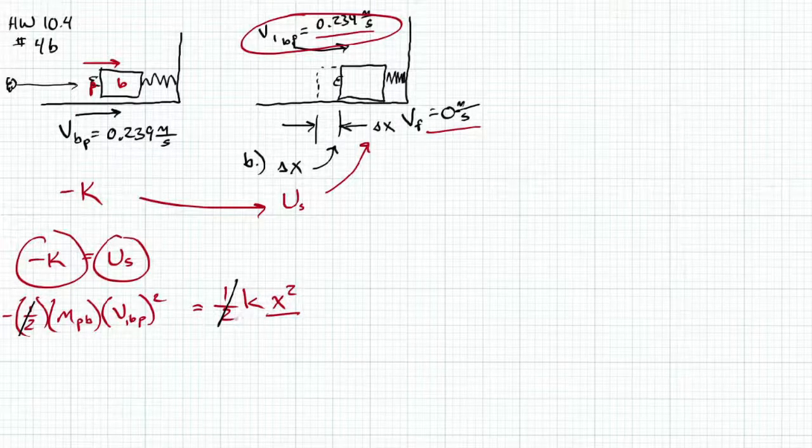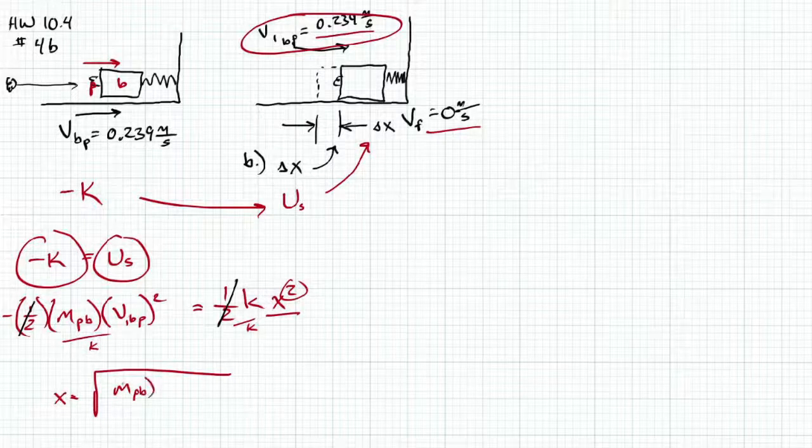And so we should divide by K on both sides, and then take the square root of the whole thing to get rid of that square. So X is going to equal the square root of the mass of the putty and block system together, times the initial velocity of the putty and block system squared, divided by the spring constant K.